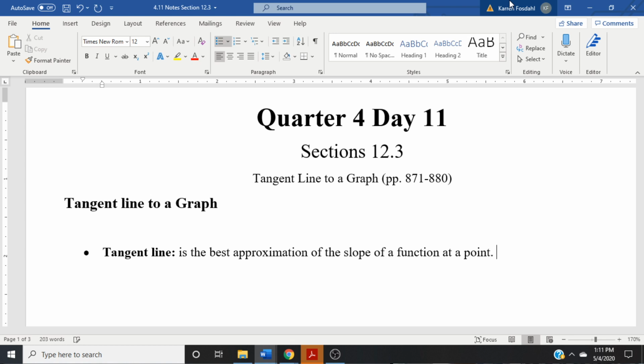Okay, so you think of a tangent line as only hitting the graph at one point and giving us the slope of the function at that point.